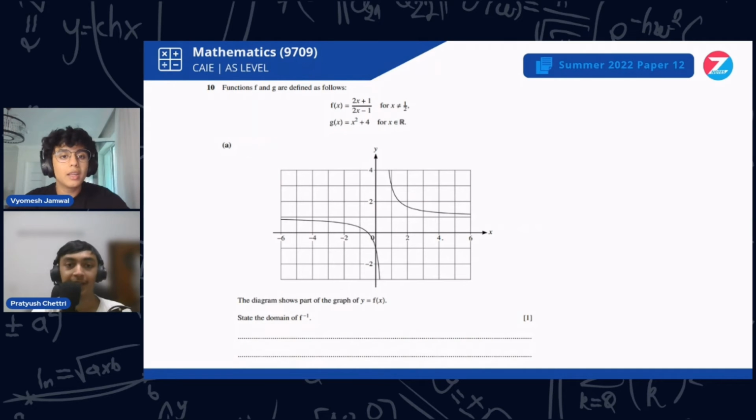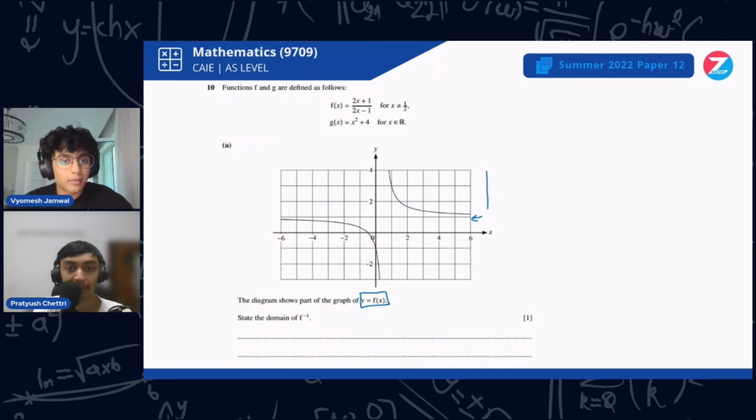So looking into f of x, just looking at the graph, we could see that the range of f of x is anything other than 1, right? Because it will never reach 1. There's an asymptote there.